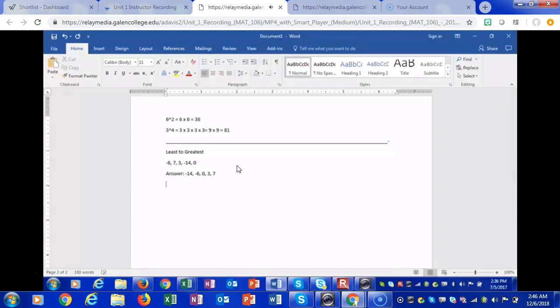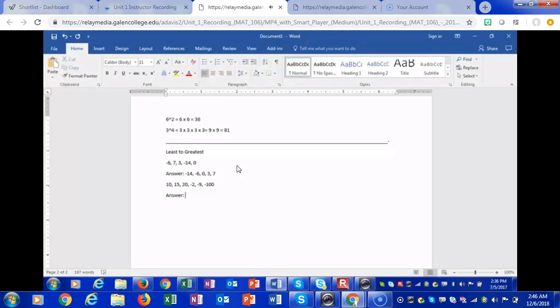Okay, let's do another one. 10, 15, 20, negative 2, negative 9, negative 100. Now, how would this be answered? Again, we start from our highest negative, come all the way down to 0, if 0 is mentioned in our sequence, and then go all the way out to the positive numbers.